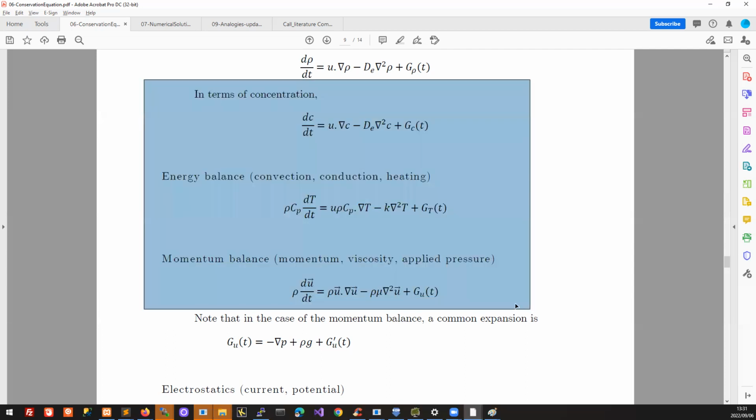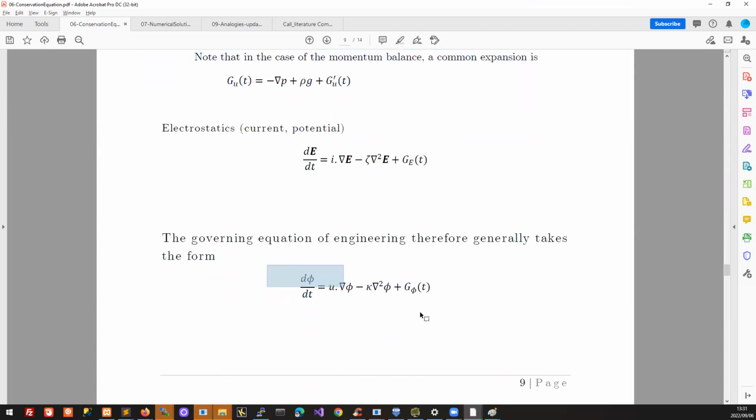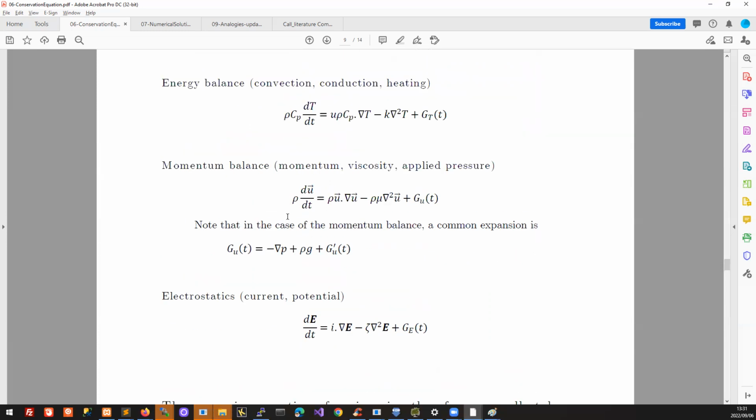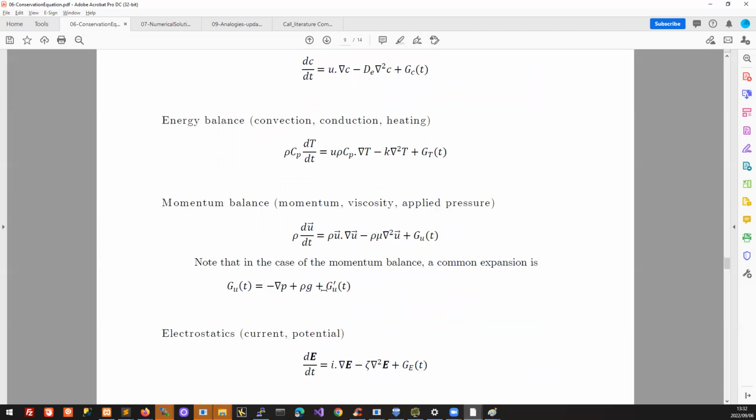So that's a kind of generalization. So what we can do is say, well, they all seem to have this pattern, that there is some quantity, so we'll just call it phi. And so phi could be a vector of concentrations or temperatures or velocities.